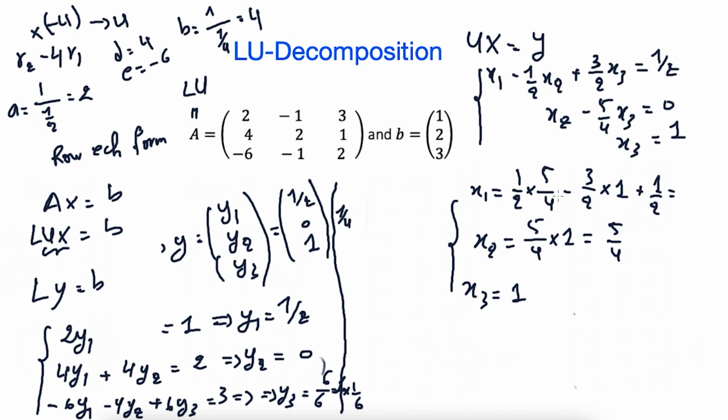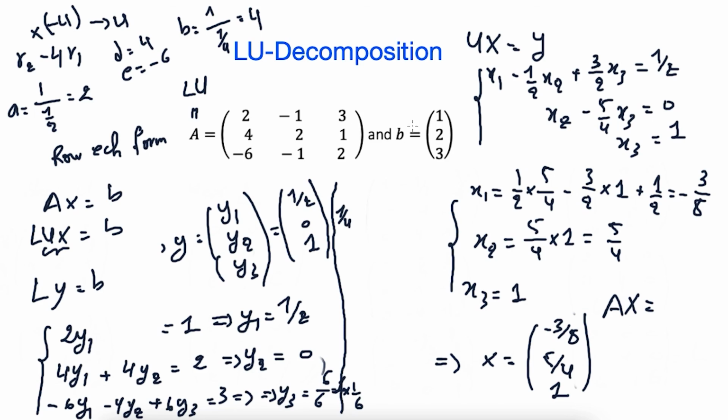So when we compute this, we will get -3 over 8, and these are the same solutions that we got in the last lectures. So x equals -3 over 8 and 5 over 4 and 1. So when we multiply this matrix A by this vector x, we'll get this b here.